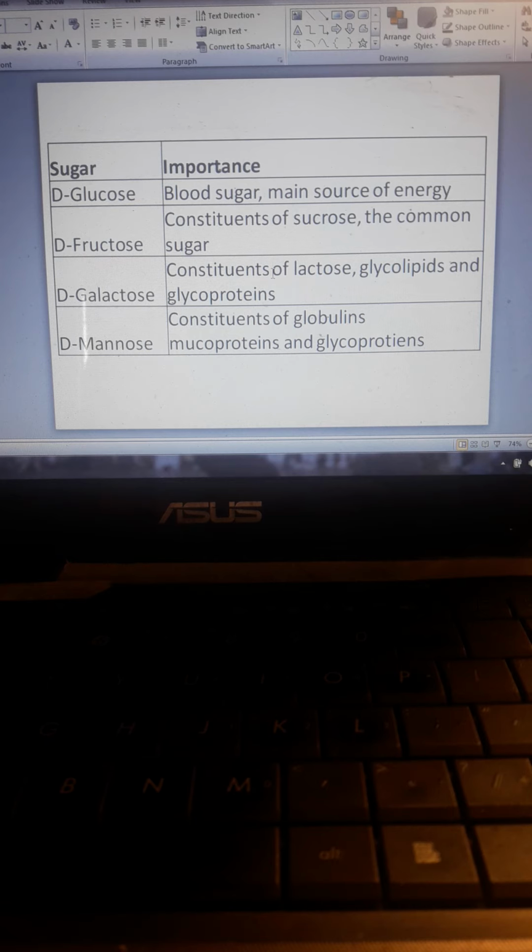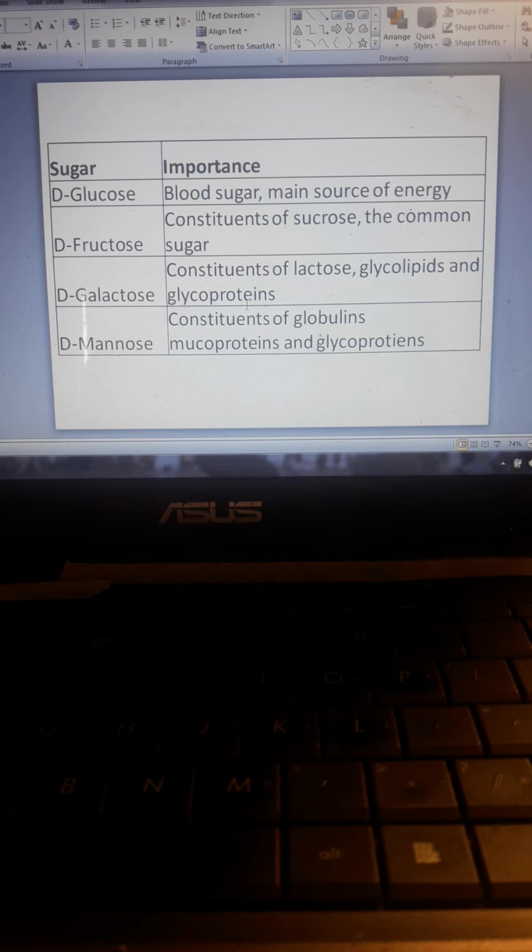Galactose is a constituent of lactose, because lactose is composed of glucose plus galactose. You have glycolipids. Glycolipids are glucose plus lipids, which also transport fats or lipids. Glycoproteins play an important role in the transport of proteins.